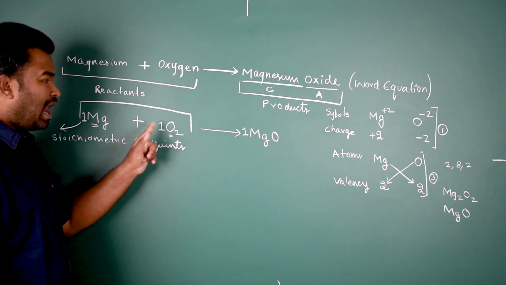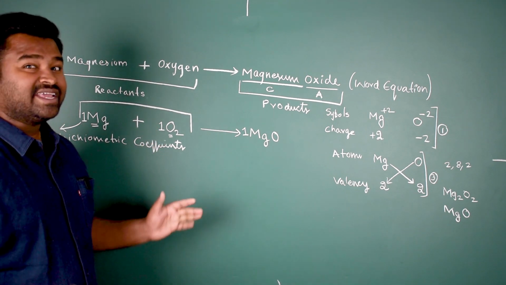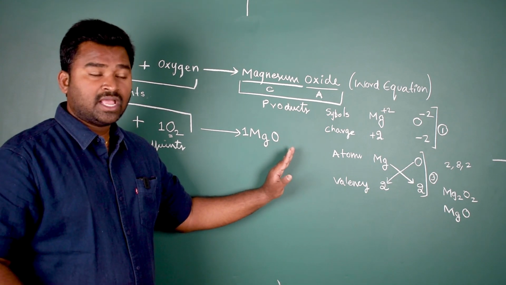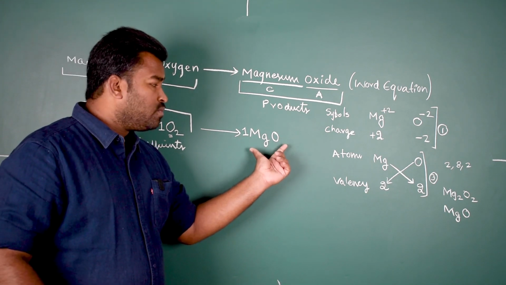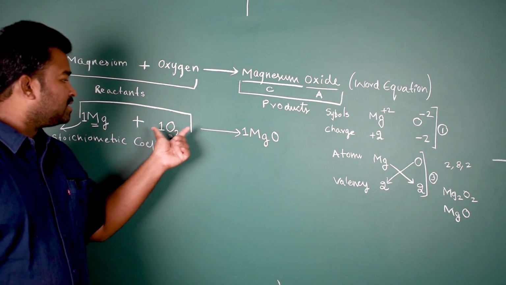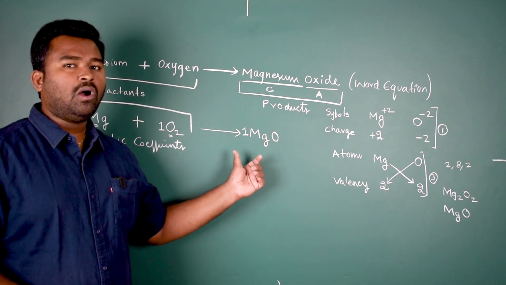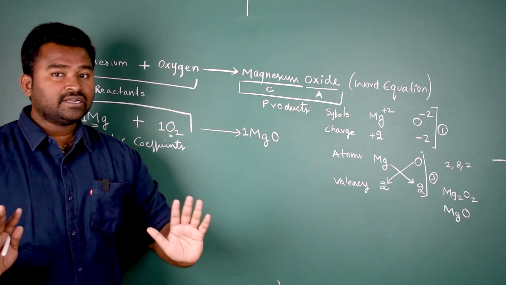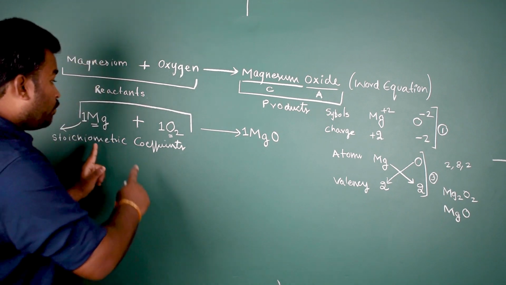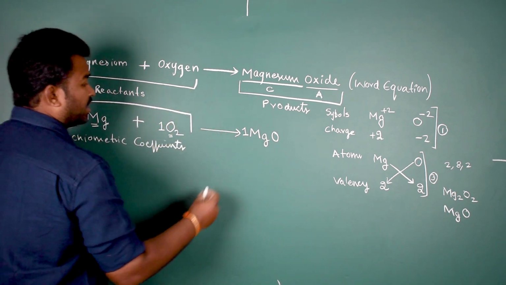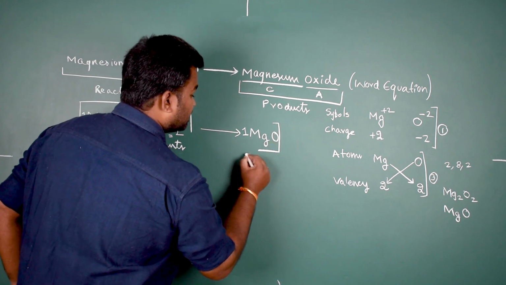So if two atoms of oxygen are getting into the reaction, then the same two oxygens should come out. Whereas you see here, only one oxygen has come out. So the representation that I made is not exactly complete. Correct?